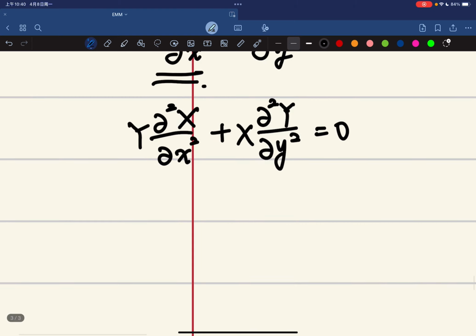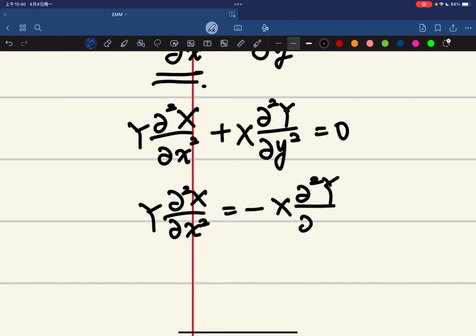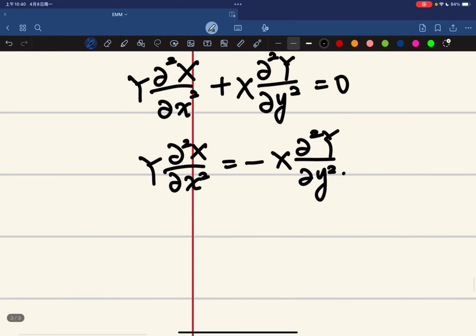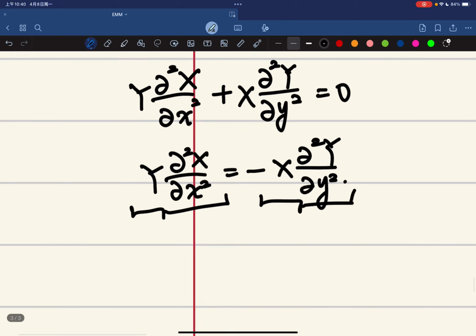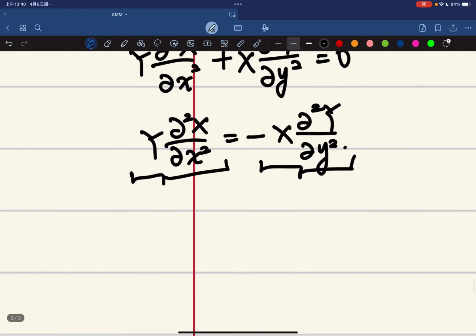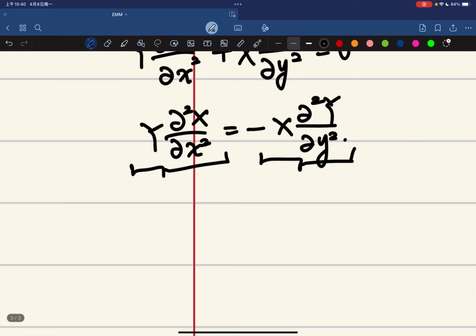Now, if I rearrange it, I need to divide everything by XY.